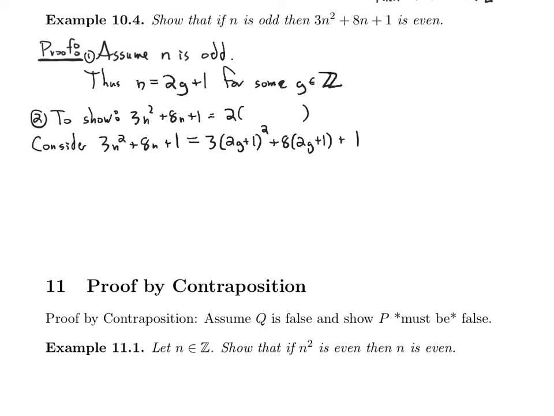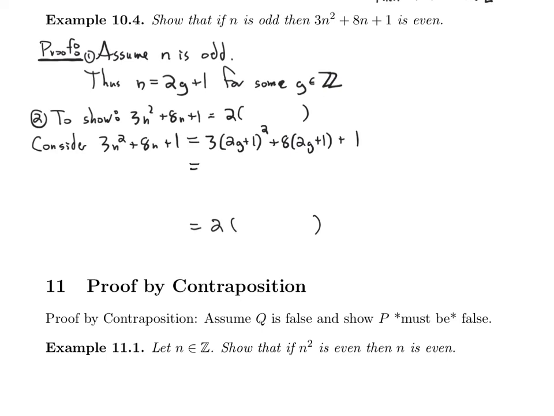And again, maybe I'll write down here at the end, I want this to look like 2 times something, and I can fill in that later. As you do proofs more and more and you get more comfortable, you usually don't write this at the end. You just put it at the end when it's of the form that you need. But as we're learning, for our purposes, I'm just going to have this there to remind us that this is what we're working towards.